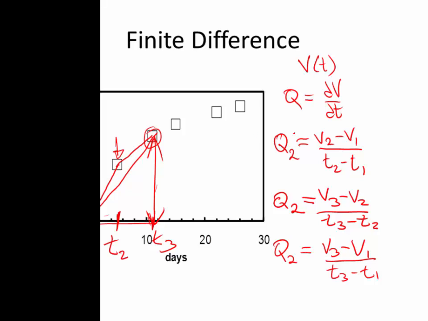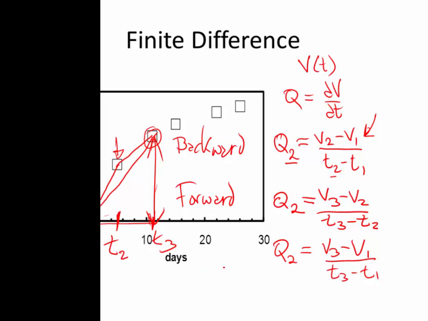Okay, so these are finite difference approximations of the derivative, and they have different names. This first one that we wrote, we want the derivative at point 2, and it uses measurements at point 2 along with the measurements behind point 2 or at T1. So that's called a backward difference. And the next one uses the data at point 2 and at the point in front of it, so that's a forward difference.